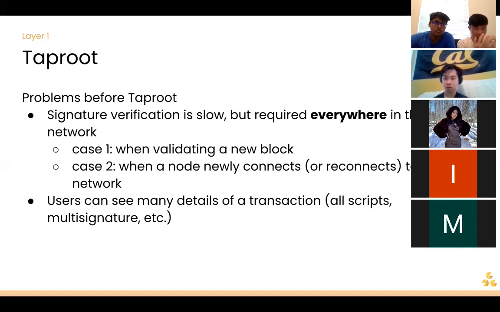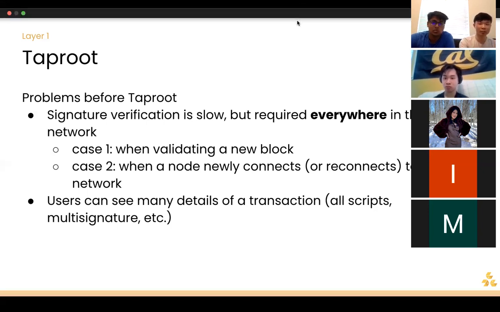So, as I mentioned, the first case where we see a lot of signature verification is when miners are validating new blocks, and new blocks are constantly being added at all times in a Bitcoin network.